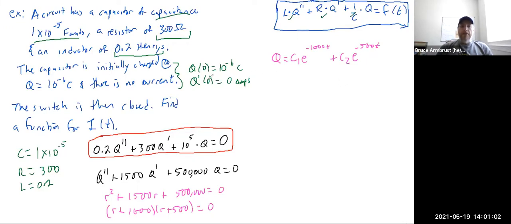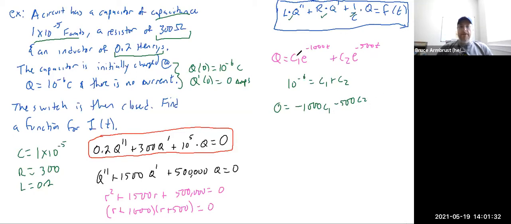All right, so now let's use our initial conditions to find C1 and C2. So if we go with the Q of 0 equals 10 to the minus 6, we got 10 to the minus 6 is equal to C1 plus C2, because both of those, when we put in 0, go to 1. And then for the derivative, we're going to get 0 equals minus 1,000 C1 minus 500 C2.